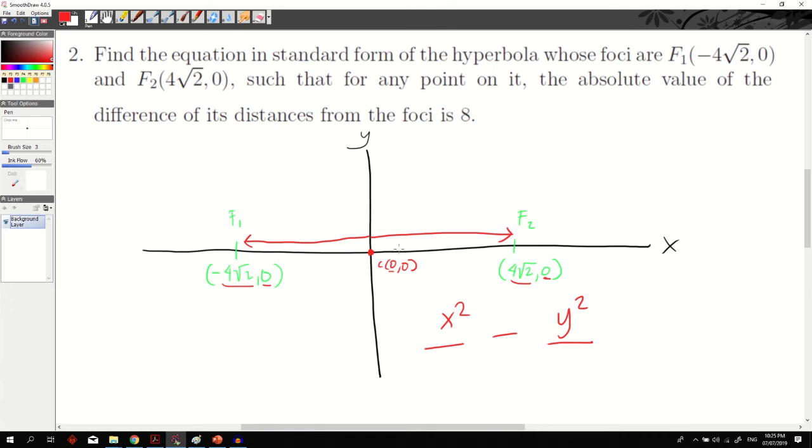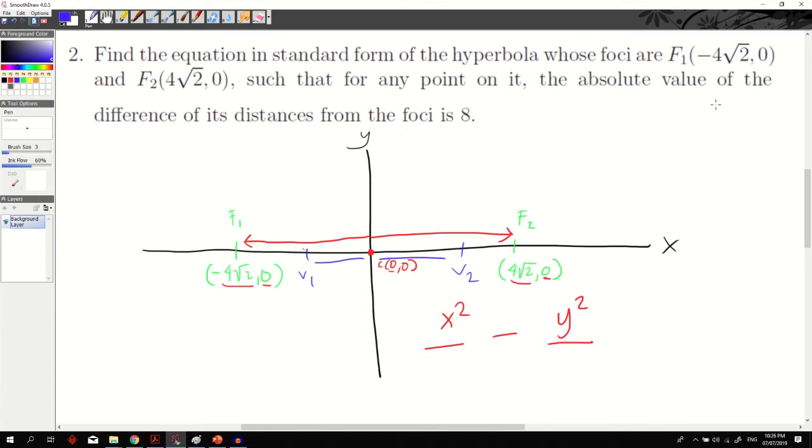Okay, so we just need the distance from vertex 1 to the center and from the center to the other vertex, which is vertex 2. So we just need this distance.